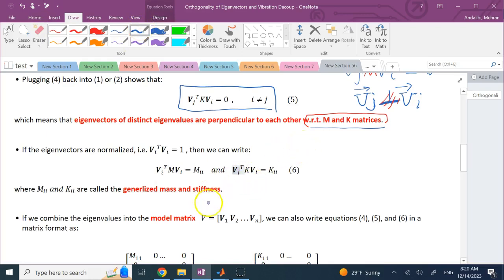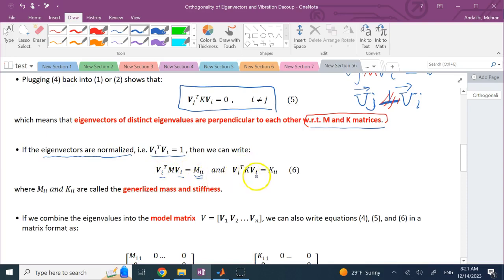Another thing before I show you the important application is we normalize the eigenvectors such that the magnitude of each one is equal to 1. If that's the case, Vi transpose M Vi, with the same index, if you pre and post multiply the vector by m, is always a scalar, and we call that Mii.